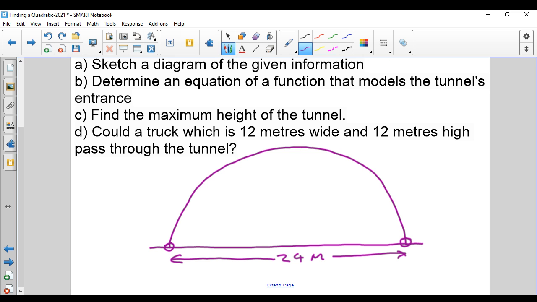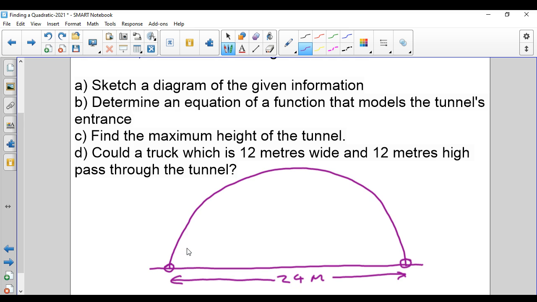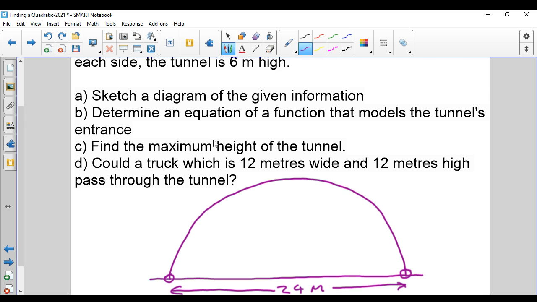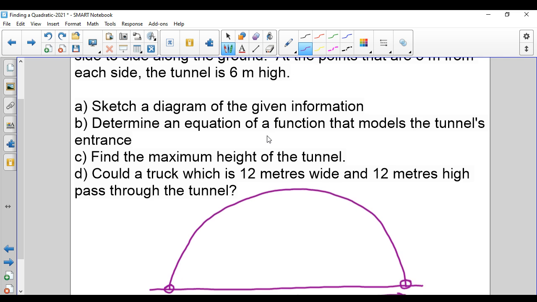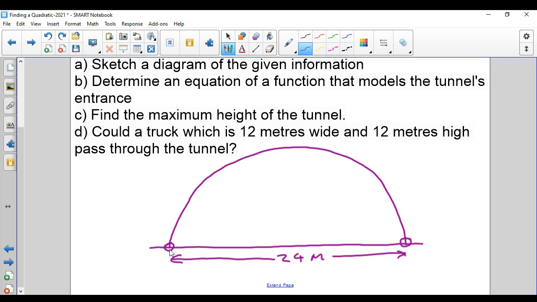And the other thing we're told is that if you go 3 meters in from each edge, I'll show you where it says that in the question. At the points that are 3 meters from each side, the tunnel is 6 meters high. So if I move from one edge, like this edge right here, and go in 3 meters, so let's say approximately right there, the height of the tunnel is, I should probably put that in a dotted line, make it a little more obvious.